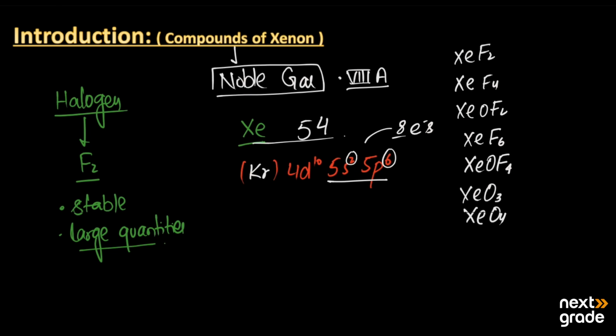So these are the compounds made by xenon while reacting with fluorine and oxygen.